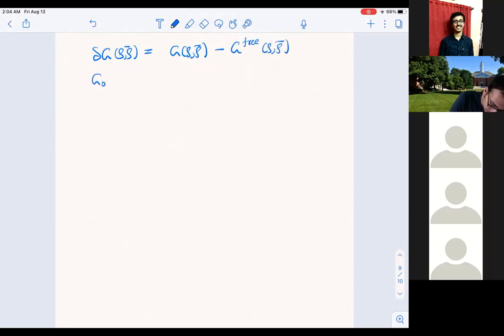Similarly, for G0, I can also define a subtracted version, and I can play the same game and derive the following condition.